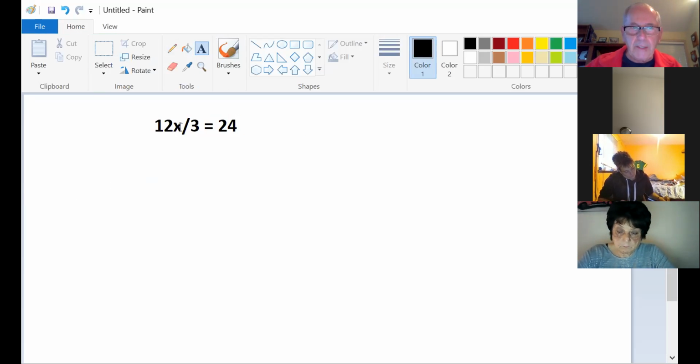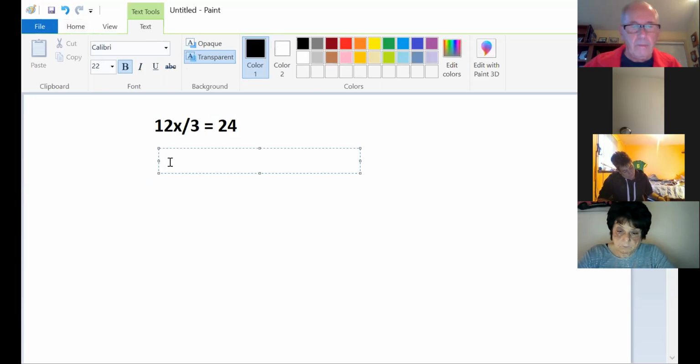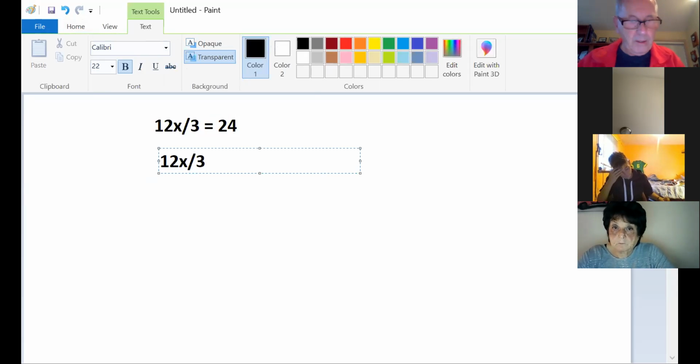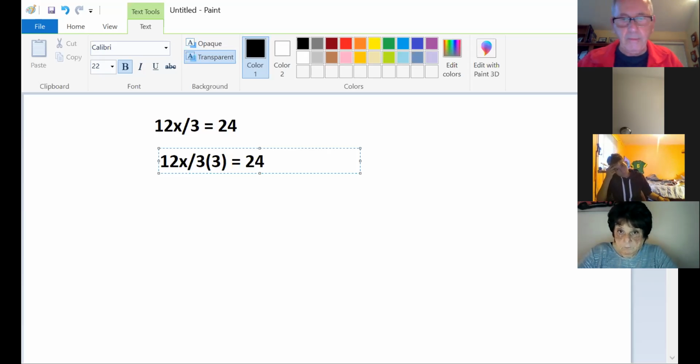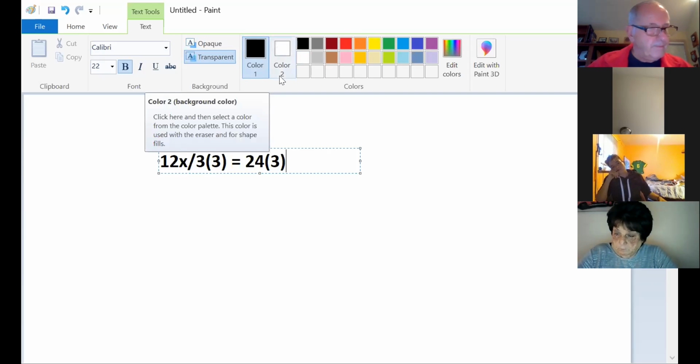In this particular case, I would want to multiply both sides by 3 to get rid of this 3 on the bottom, right? So it becomes 12x over 3 times 3. And if I do it on that side, I have to do it on the other side, right? The equation's still balanced. I've just multiplied both sides by 3, but it's allowed me to get rid of this denominator of 3 here, right?